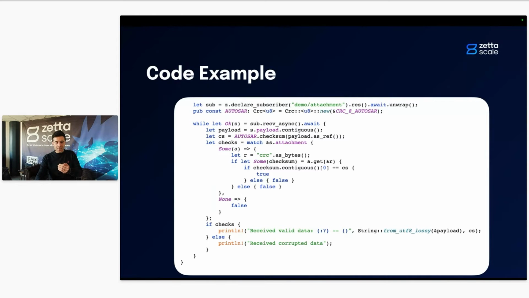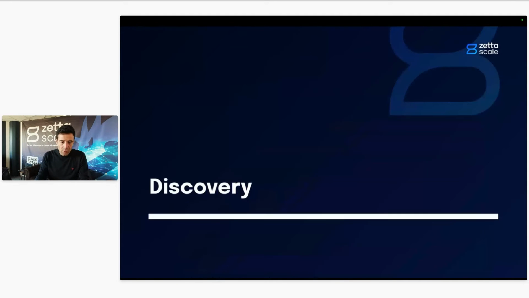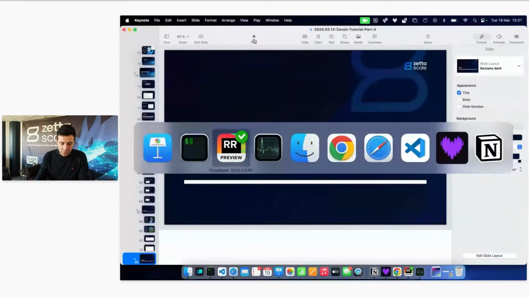We extract the checksum, and if the checksum that I received is the same as the checksum that I computed, then the data is valid, I return true, and I will print, received valid data. This is the data, and this was the checksum. Otherwise, the data is corrupted, and in this case we are writing that it is corrupted either because the checksum is invalid or perhaps because there wasn't any checksum. Okay, so let's see this one in action.